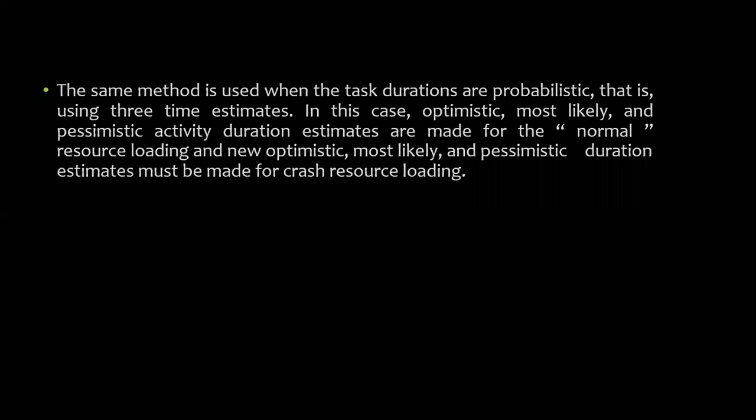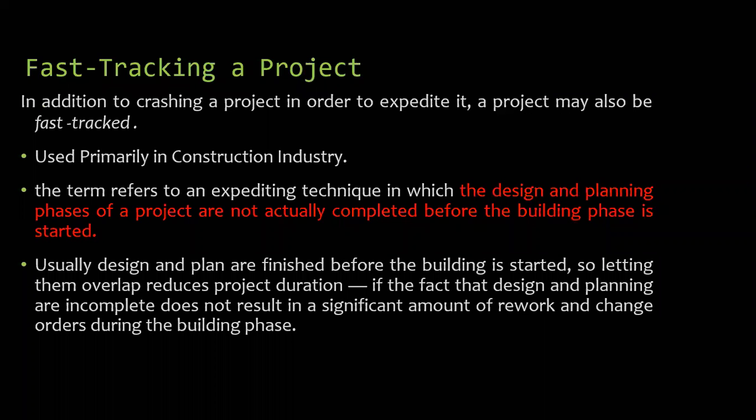So in crashing of the project, we have gone through three time conditions: optimistic, most likely, and pessimistic, and normal resource loading. Is it right? That particular part is required to be recalled here once again. Then our point starts from fast tracking, which is a part of the allocation.